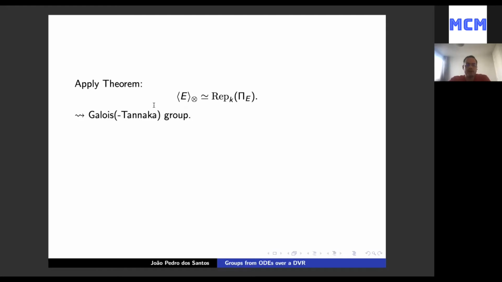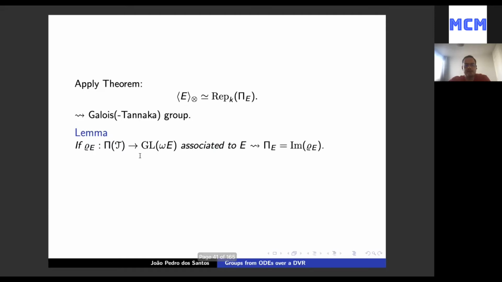And why is that useful? Because this pi E is a linear algebraic group. If I take E, now E corresponds to some representation of pi. Pi is the group of the big category. E is an object in the category T. So by the equivalence, it corresponds to a representation, which I call rho E.